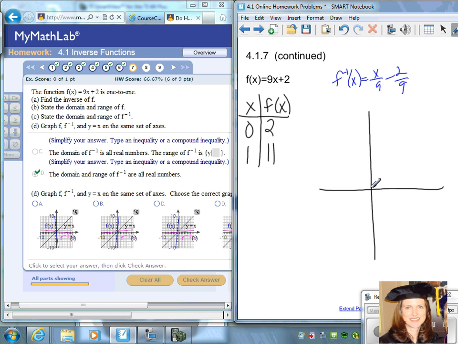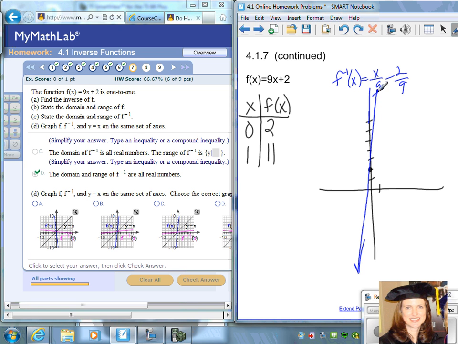So by graphing those 2 points, 0, 2, and 1, 11, going off the page here, using a blue line to connect those points, way up there.